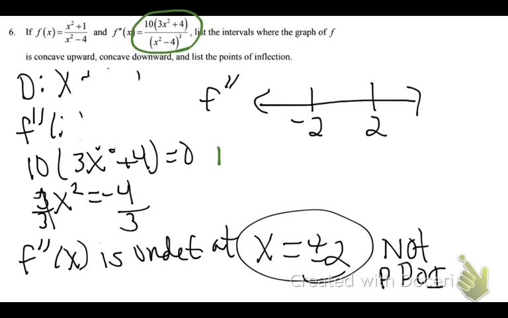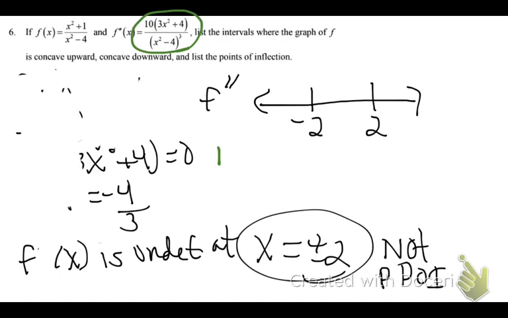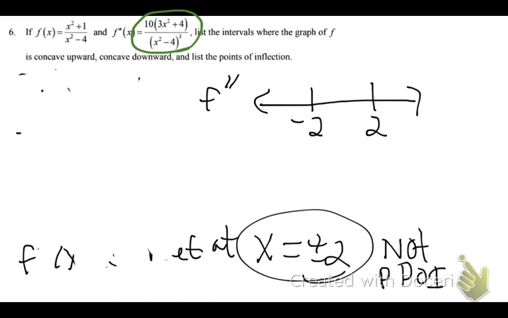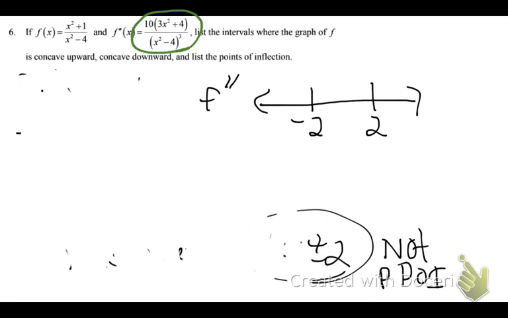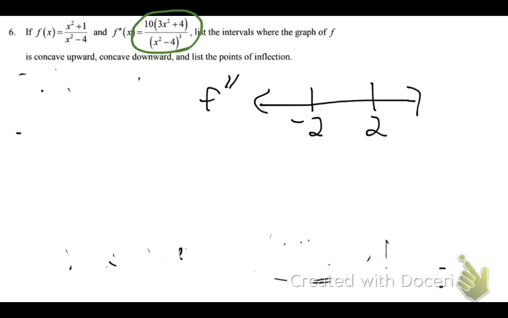Let me erase all of this just to have some space for us to do those calculations. So we are plugging negative 3 into our second derivative.